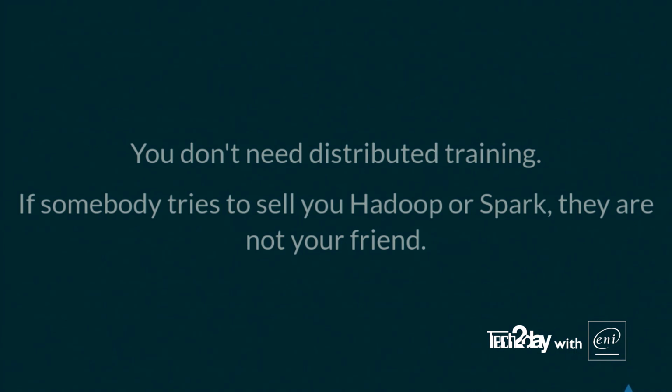And finally, you don't need distributed training. So if somebody tries to sell you Hadoop or Spark, they're not your friend. In a lot of these applications, especially in recommender systems, the thing that was popular initially was Mahout, and now there are some implementations in Spark.